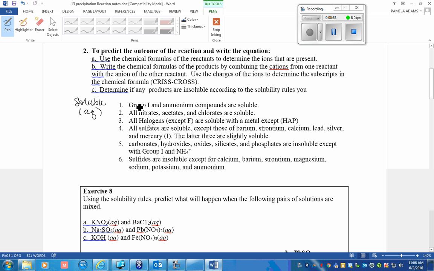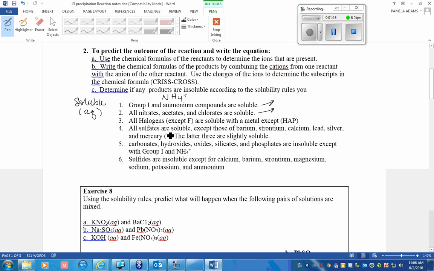All group 1 cations, anything that is bonded to a group 1 cation or the ammonium polyatomic ion is soluble, no exceptions. All nitrates, acetates, and chlorates are soluble. Everything else is a sort of.